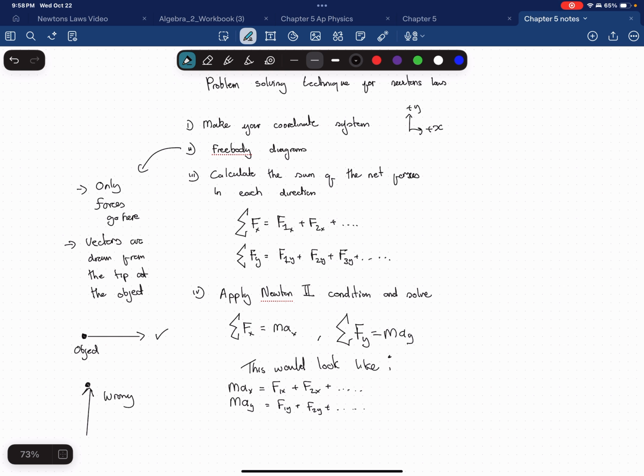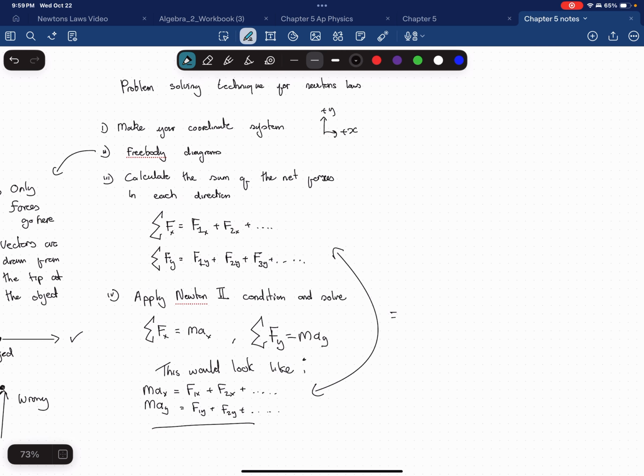So we just plug in ma for the sum of F in x, and ma for the sum of F in y. These are equivalent, but plugging in for Newton 2 helps us solve for acceleration, because in the end we want to find the acceleration the object is going at and so on. Then we'd normally do some algebra here and there. This is what we've done in class so far, so just keep in mind this whole process.